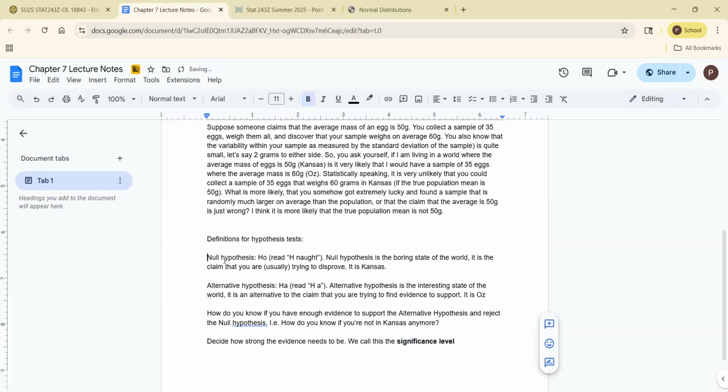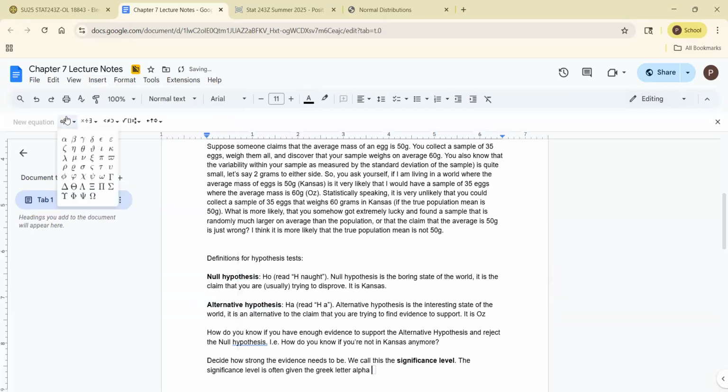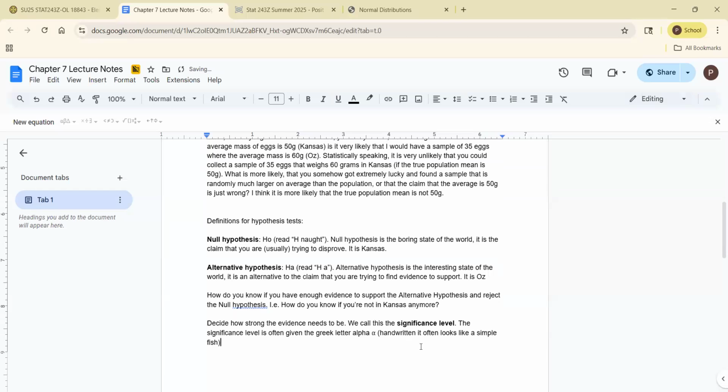Let me bold these definitions. The significance level is often given the Greek letter alpha, which looks like that, or in handwritten, it often looks like a fish, a simple fish like you drew when you were in elementary school.